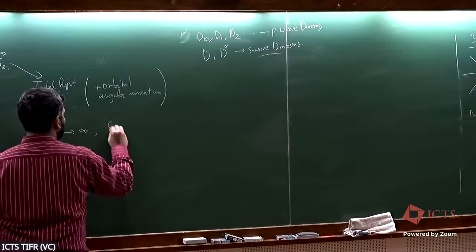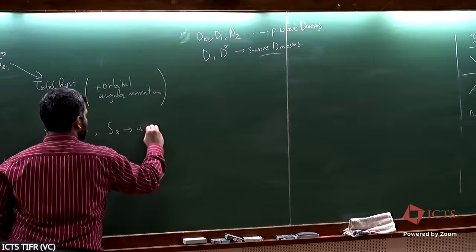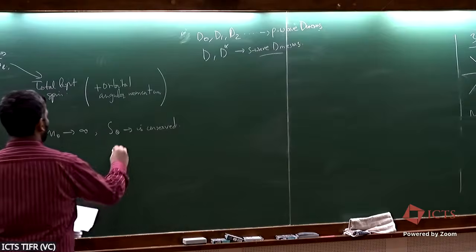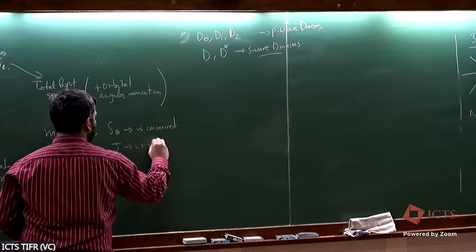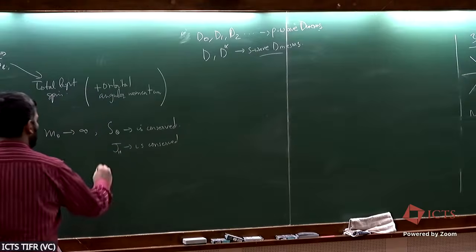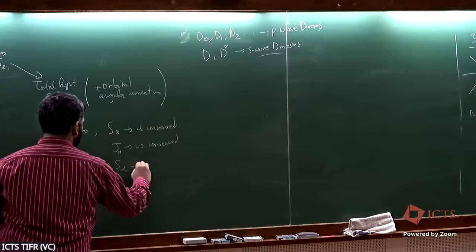So SQ is conserved. J is conserved, because basically JH is conserved, which means my SL is also conserved.